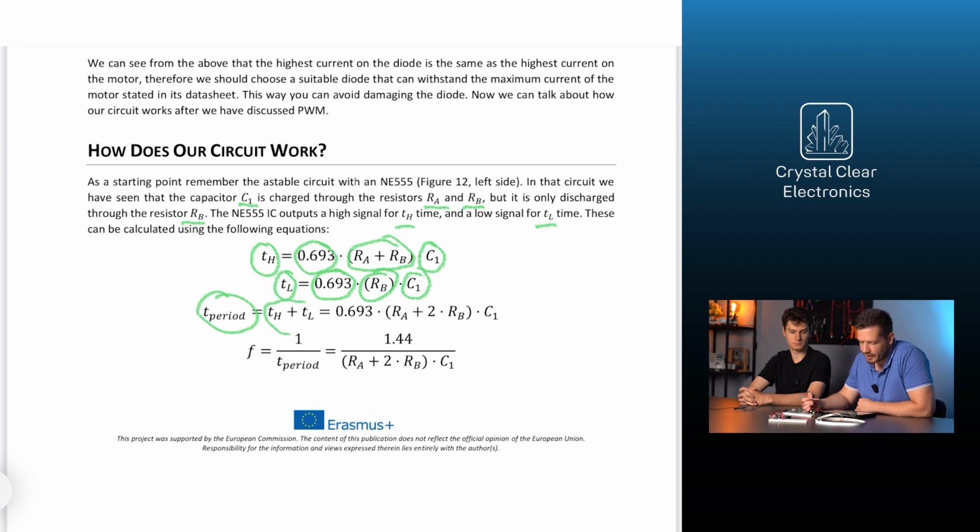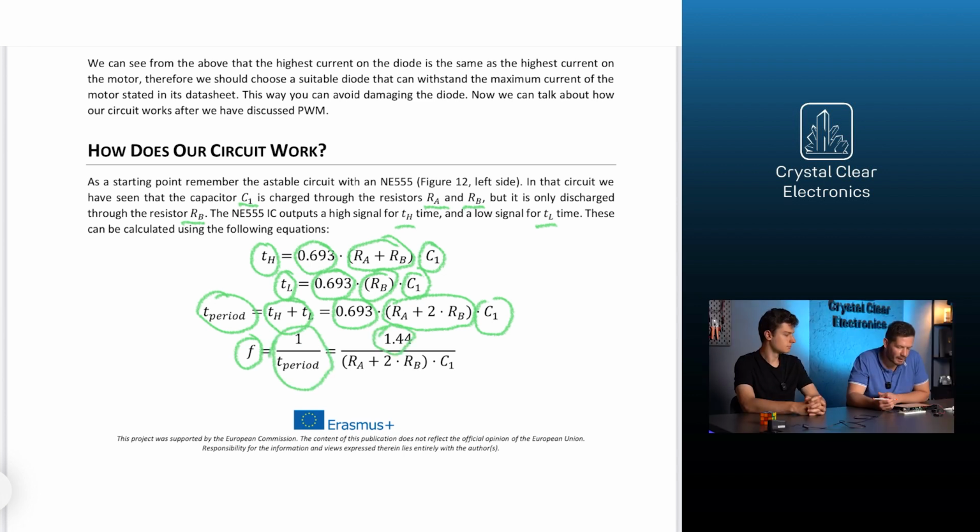The total period time will therefore be the sum of TH and TL, which we calculate to be 0.693 times (RA plus 2 times RB) times C1. The frequency is the reciprocal of the period time, 1.44 divided by the sum of all the resistors, so (RA plus 2 times RB), and the whole term in parentheses times the capacitance of capacitor C1.